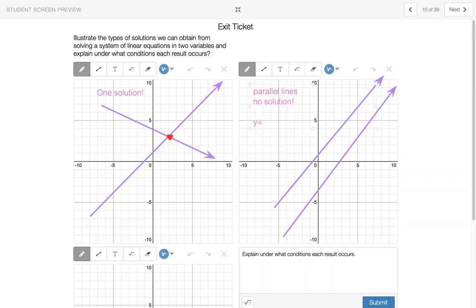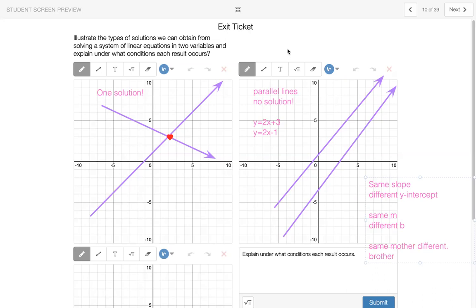meaning that it looks something like y equals 2x plus 3, and also y equals, I don't know, 2x minus 1. If you're big on slope-intercept form, you could say that they have the same slope with a different y-intercept. You could also say same m, different b. You could also say same mother, different brother.